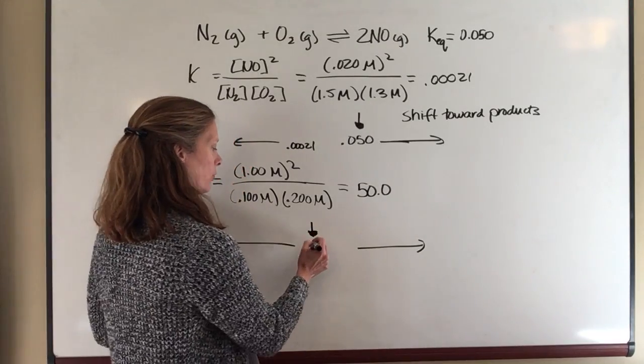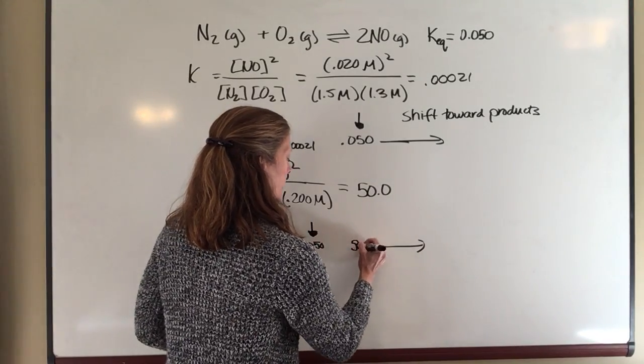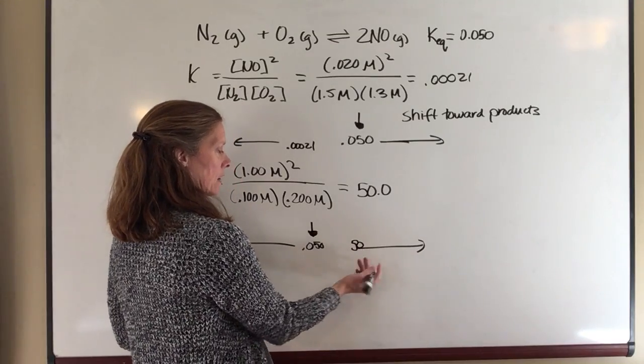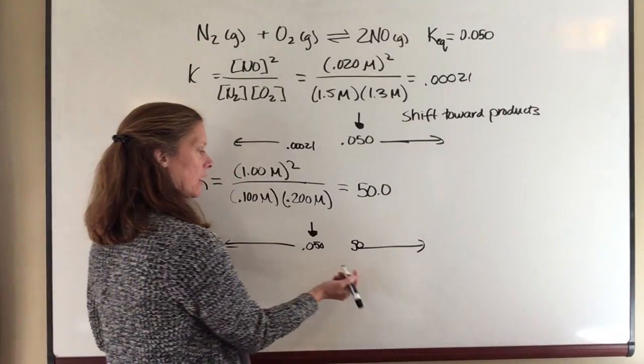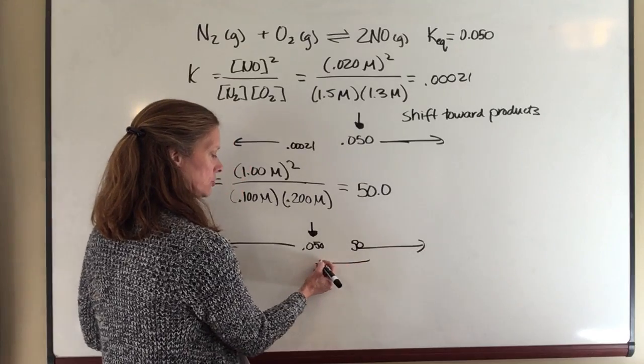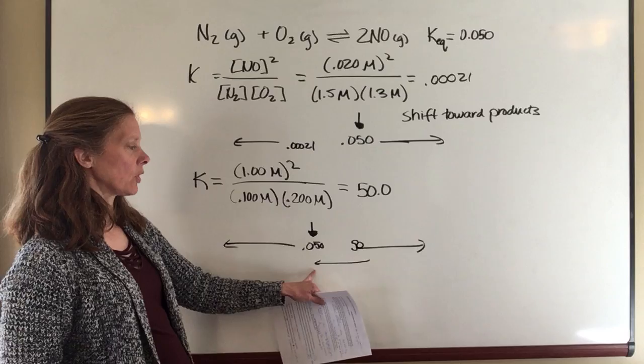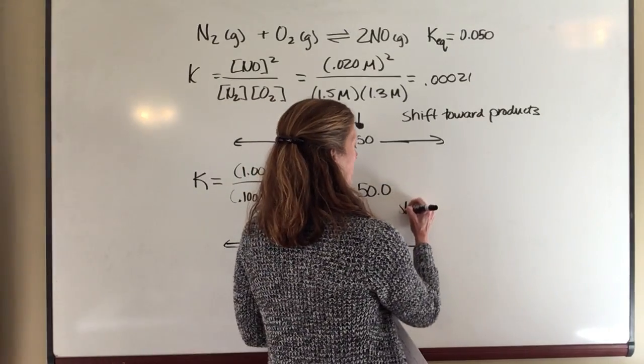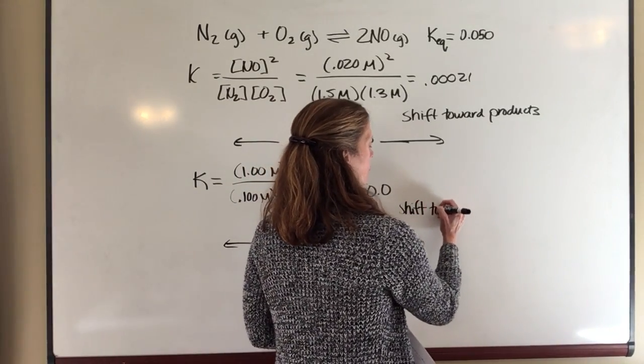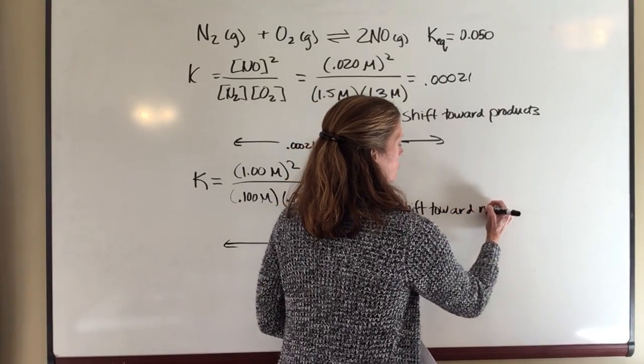That's what I'm aiming for, but the 50 is way up here someplace. Okay, so this is much greater than the equilibrium constant. So just like this would have to shift towards the left in order to get back to the constant that I'm looking for, this reaction will have to shift back toward the reactants in order to reach equilibrium.